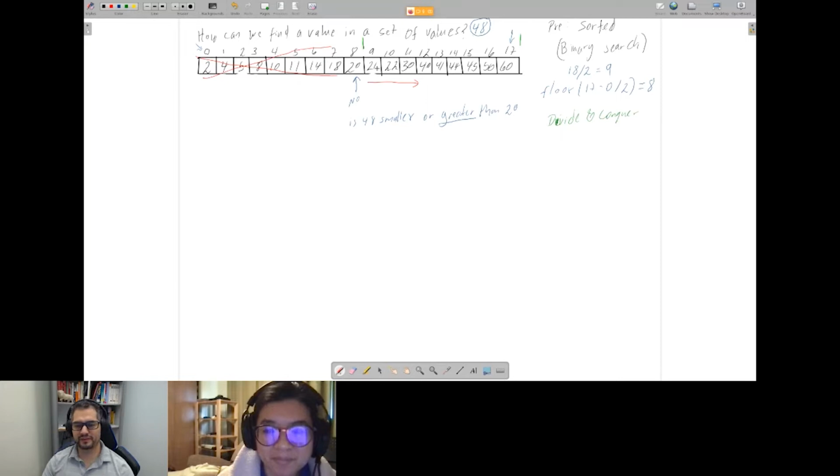So now we're going to look in the middle of this array. How do we get the middle again?